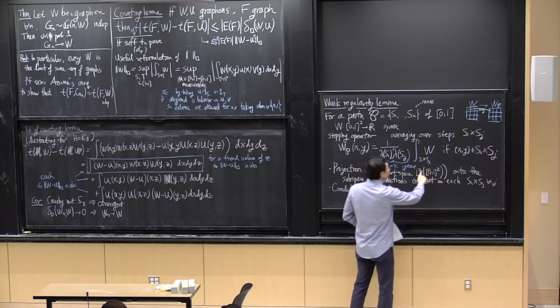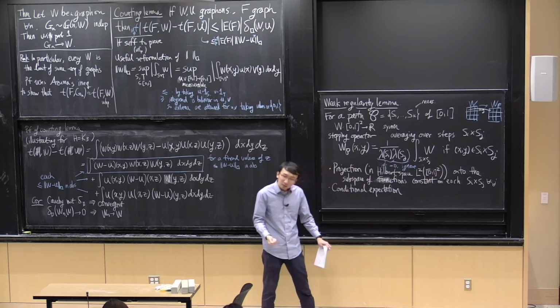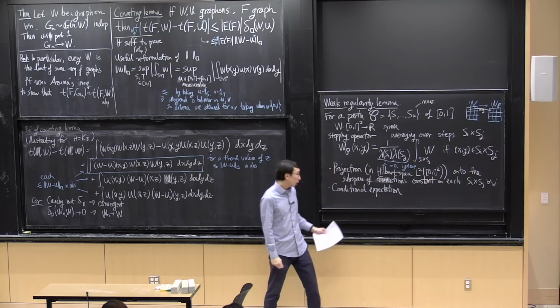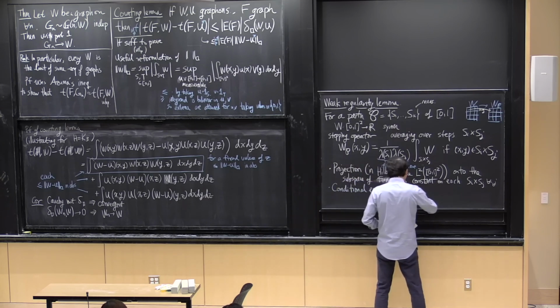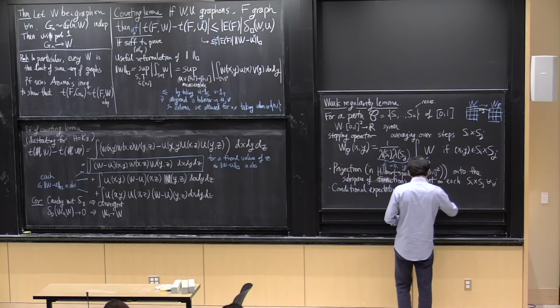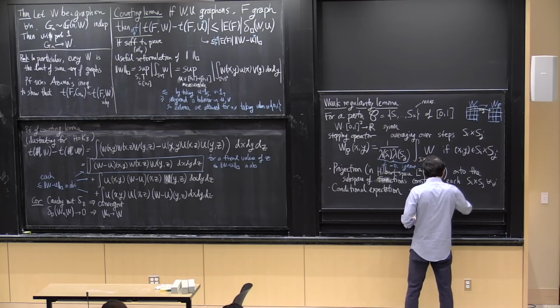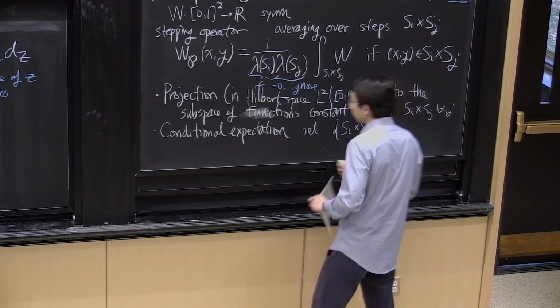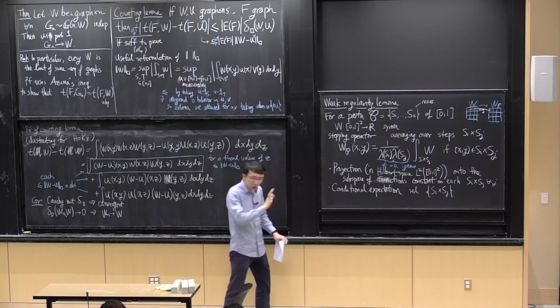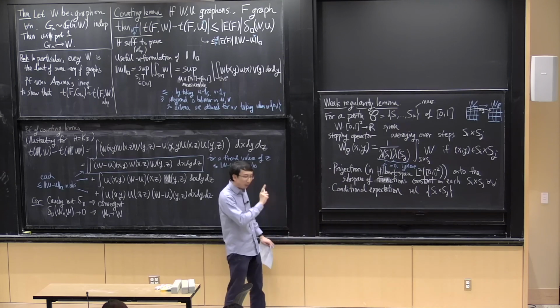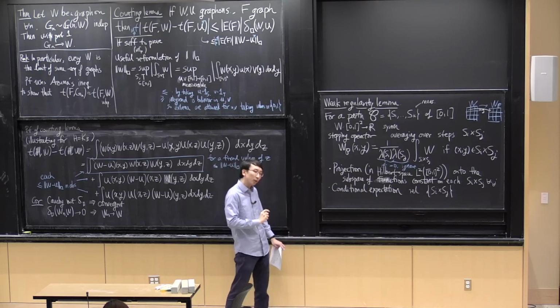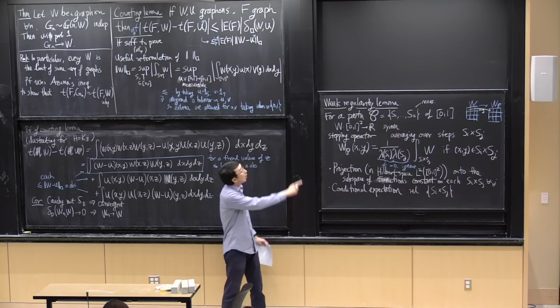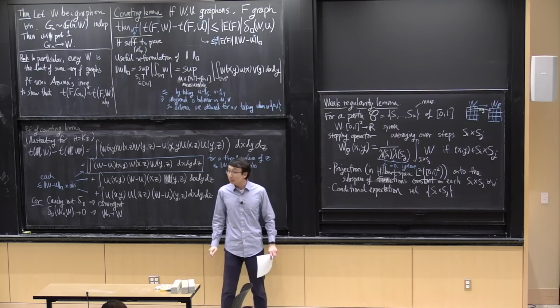If you view 0, 1 squared as a probability space, then what we're doing is conditional expectation relative to the sigma algebra generated by these steps. So these are just a couple ways of thinking about what's going on. They might be somewhat helpful later on if you're familiar with these notions, but if you're not, don't worry about it. Concretely, it's what happens up there.